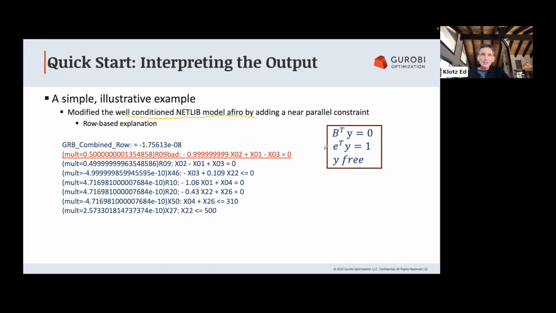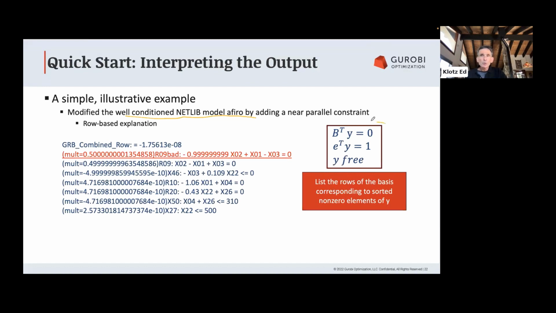Now, let's talk about what this output looks like, what this output means relative to your original model. So what we're doing here is we're listing the rows of the basis, but we're doing it in a particular order.